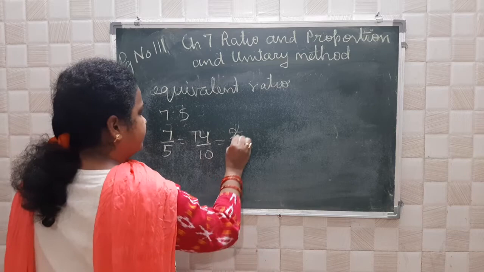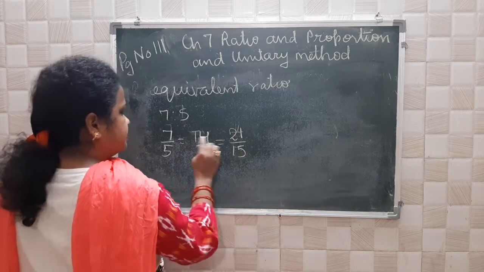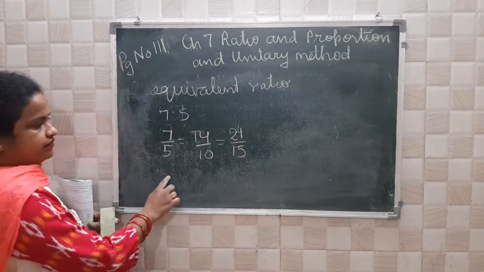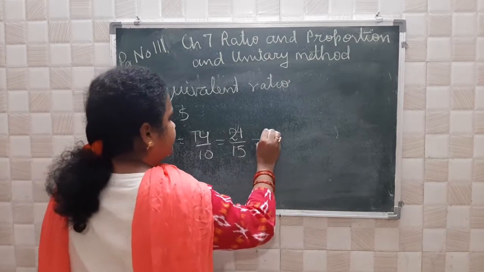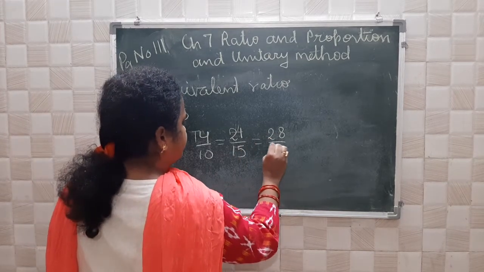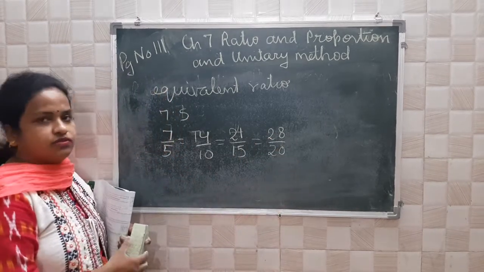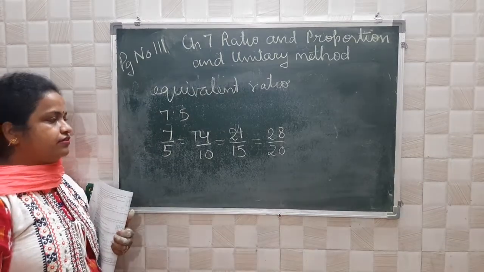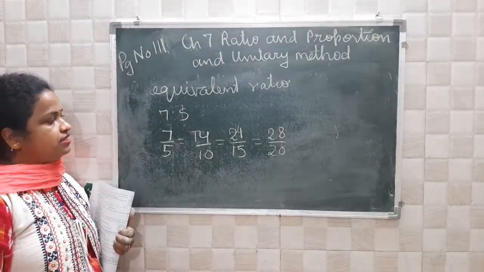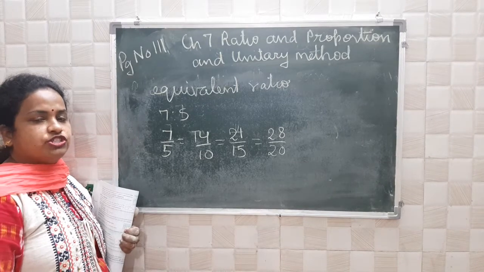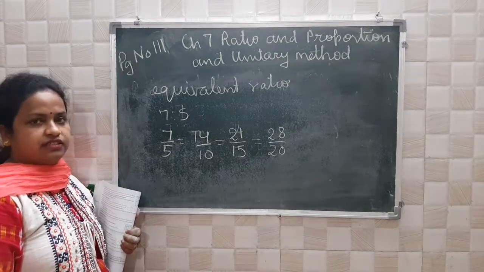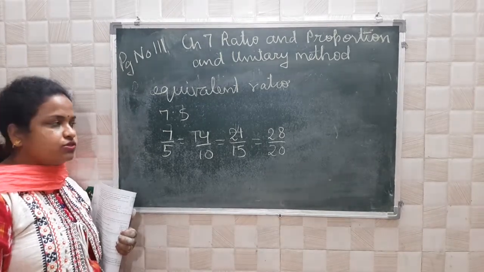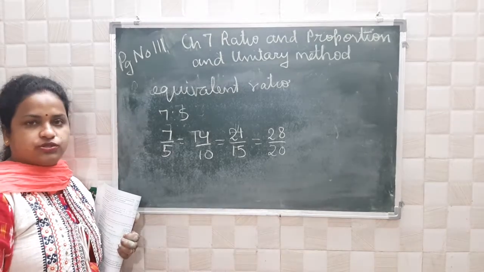Then you can write 21 upon 15, 7 3s are 21 and 5 3s are 15. Or you can write 28 upon 20, 7 4s are 28 and 5 4s are 20. So these are the forms in which you can write equivalent fractions, or you can also say equivalent ratios.